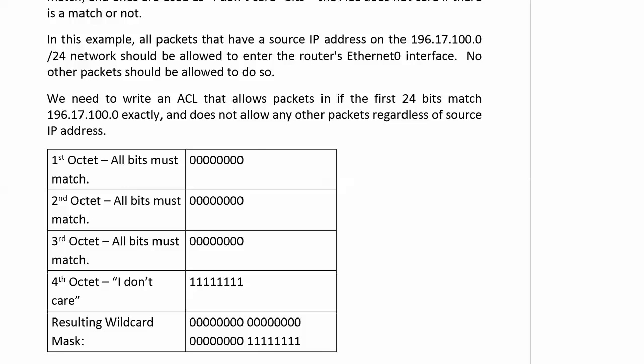The 4th octet's going to be all ones, I don't care. And you'll notice it is kind of inverse from the subnet mask itself of /24, because we know that's 24 ones followed by 8 zeros. But our wildcard mask for that particular subnet is going to be 24 zeros and then 8 ones, because the first 24 bits have to match exactly, and that is wildcard mask logic.